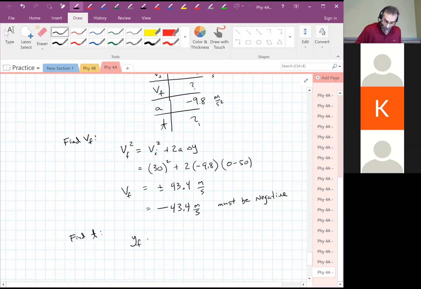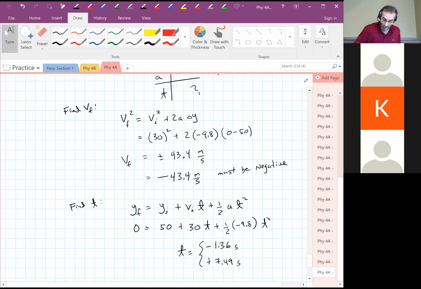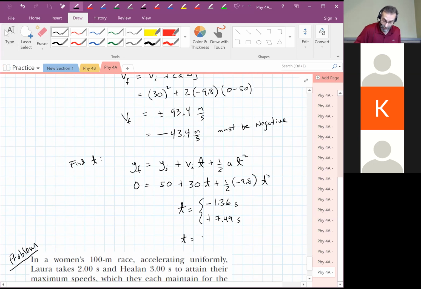And I'll use y final equals y initial plus v initial t plus 1/2 a t squared: 0 equals 50 plus 30t minus 4.9 t squared. And I get t is either minus 1.36 or plus 7.49. And of course, we need the positive root.